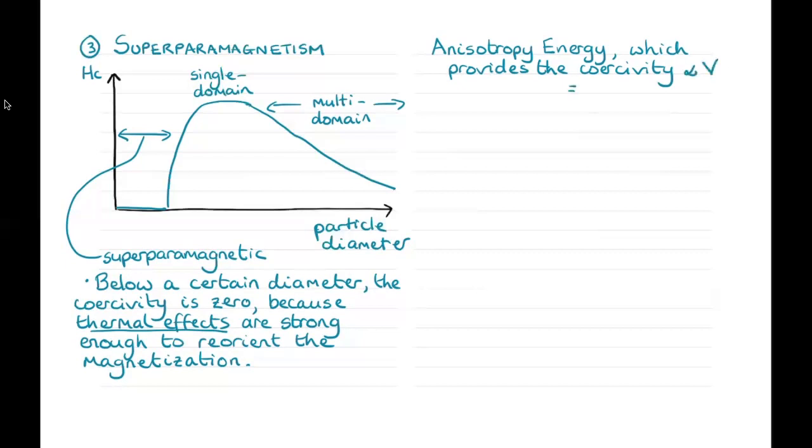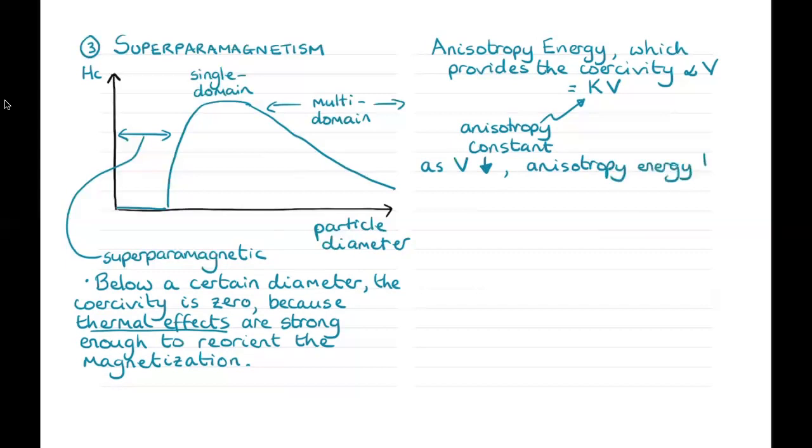In fact, it's actually equal to what's called the anisotropy constant, capital K, times the particle volume. And we see immediately that as the particle gets smaller, as the volume goes down, the anisotropy energy goes down. So the coercivity, which is holding the magnetization along a specific direction, is reduced.